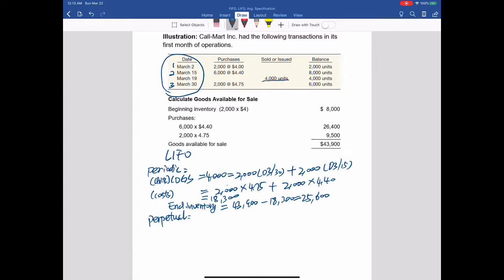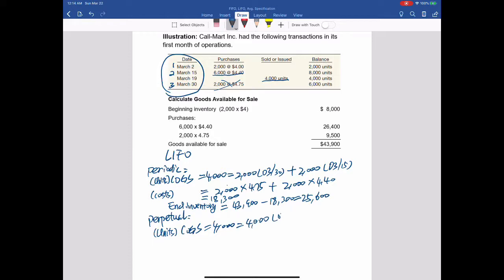Before these sales, the purchase on March 15 is the last purchase. So again, we do not consider this one. So the units cost of goods sold 4,000, because the purchase on March 15 includes 6,000 units.